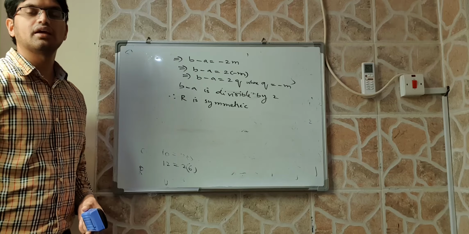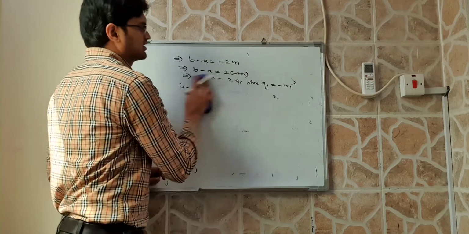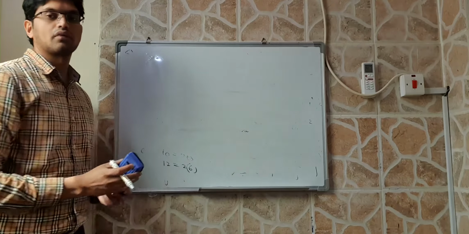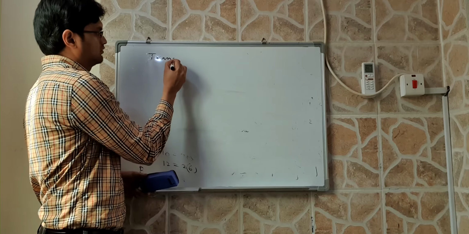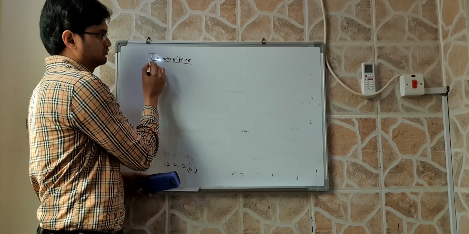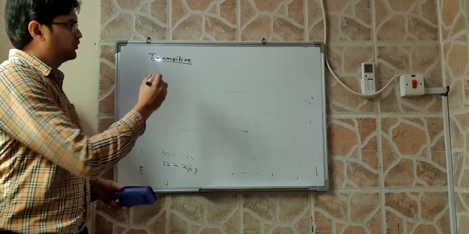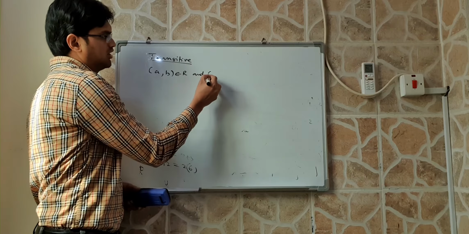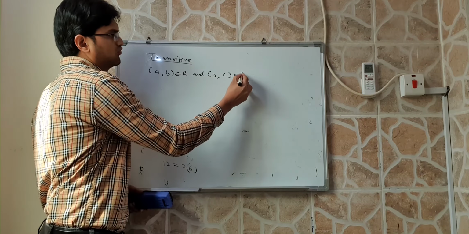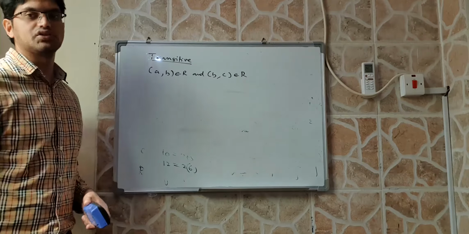Now let us take the last, transitive. So suppose (a, b) belongs to R and (b, c) belongs to R. These two, first of all, we have to take from the relation.